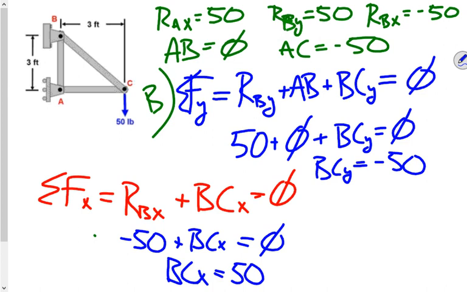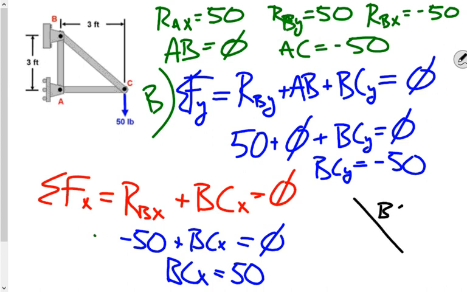All right, now, we probably want to keep BCX and BCY in their components because we're going to have to use them for the next pieces anyways. But if we need to know all the member forces too, think about what you have right now. You have a Pythagorean theorem.